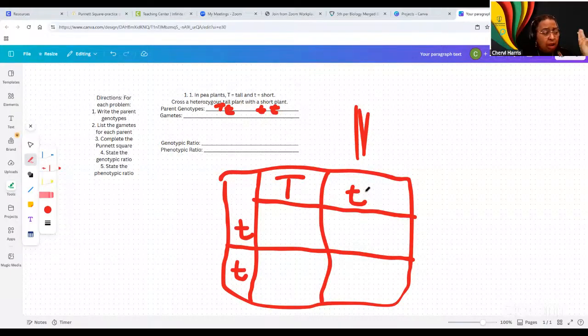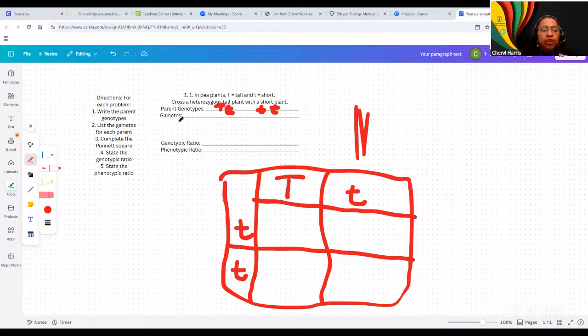Homozygous means they are the same, so if it said homozygous tall, I would have written 2 capital T's. The other parent that you're crossing with is a short plant. In order to be short, it's recessive, so you have to have both the same letters. On this side is our short plant, and those are 2 lowercase t's.